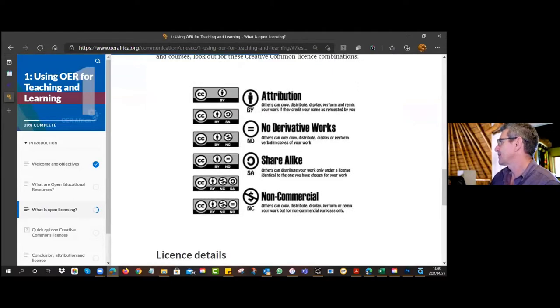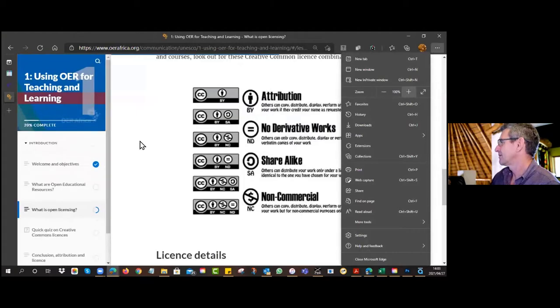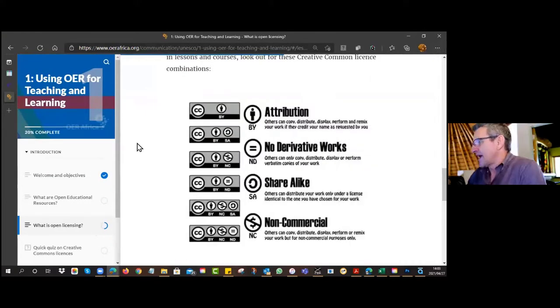There are a number of rights that you can reserve. So there's the 4 rights on the right-hand side, and then you can combine them into a number of combinations. So you can reserve more than 1 right. So keep in mind then, full copyright means all rights reserved, and then public domain means no rights reserved.